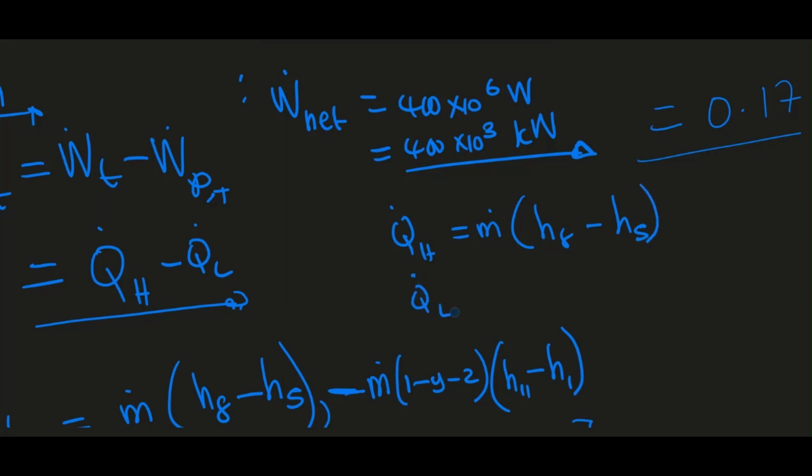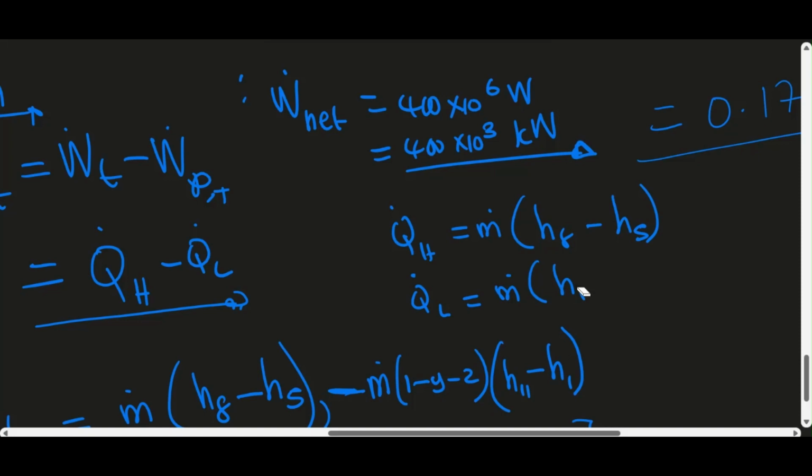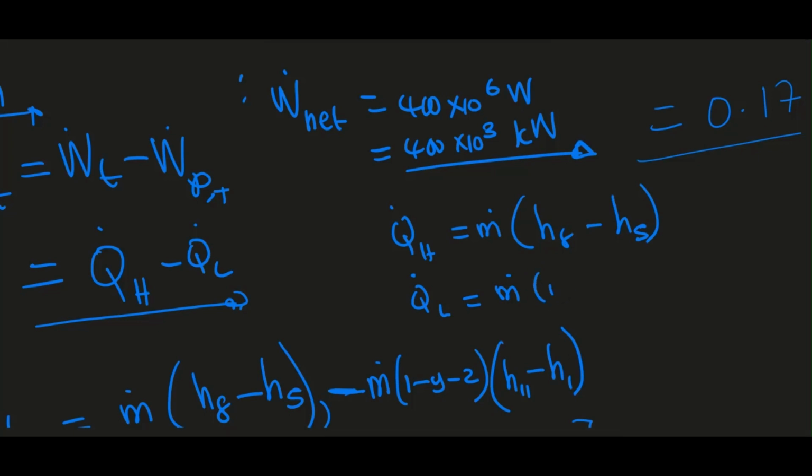And then QL is m dot, 1 minus y minus z, H11 minus H1. You can work those ones out, but then you don't know what m dot is.